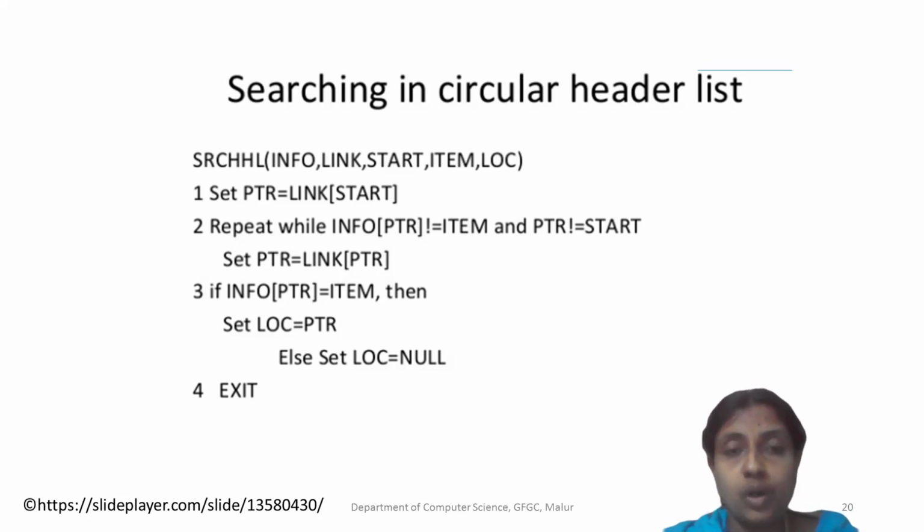Otherwise, we move on along the link: PTR moves to the link of PTR, that is, the address of the first node, which holds the second node's address. So we move on to the second node. Once again, the second node's value is checked against the given item. If it is the same, the location is found, the item found message comes, and we stop.